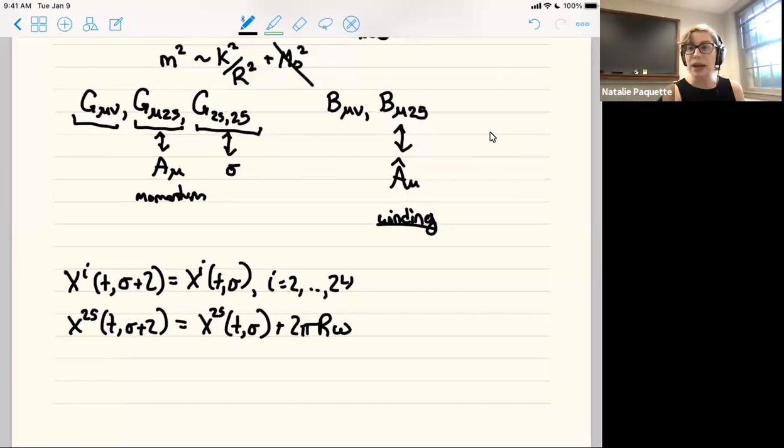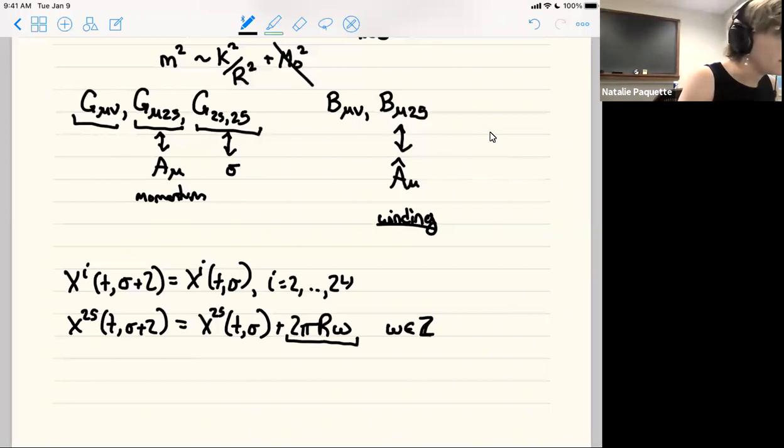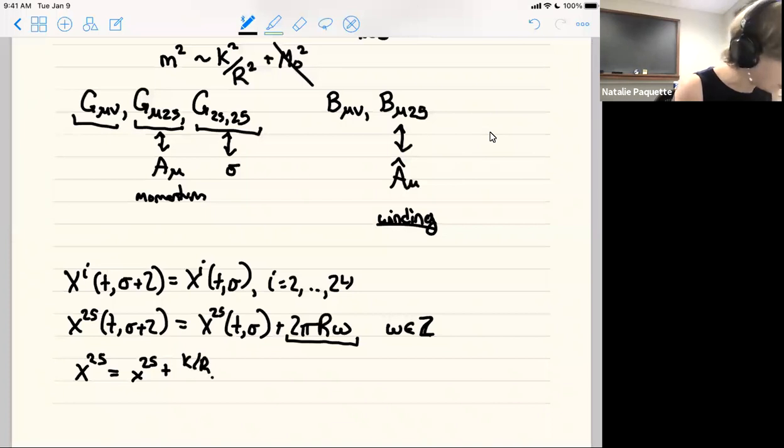We can allow that it comes back to itself up to this additional term where W is an integer and it's called the winding number, and it's keeping track literally of how many times the string is winding around the circle when you take sigma to sigma plus L. So the field theoretic KK analysis that we just did comes from the W equals 0 sector of the theory, but there are all of these other sectors for any integer value of W. And the mode expansion of X25 alone is different from what we previously saw.